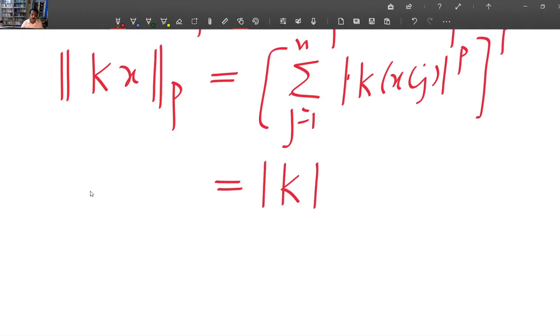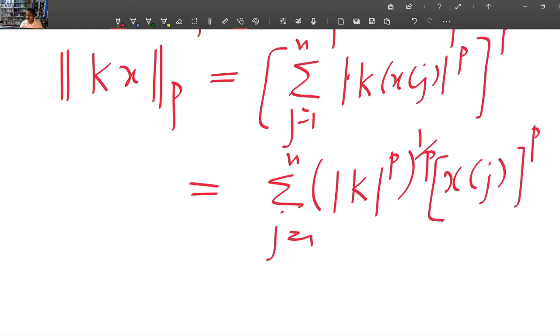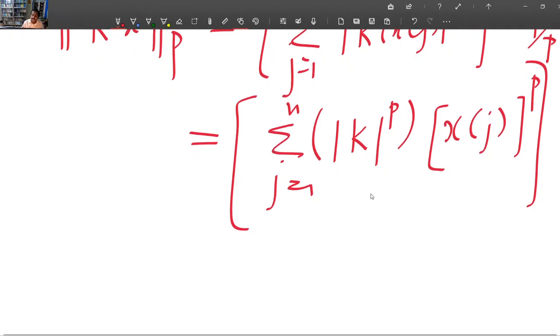So we can expand this a little bit more. Now this is equal to (Σ_{j=1}^n (|k| |x(j)|)^p)^{1/p}.